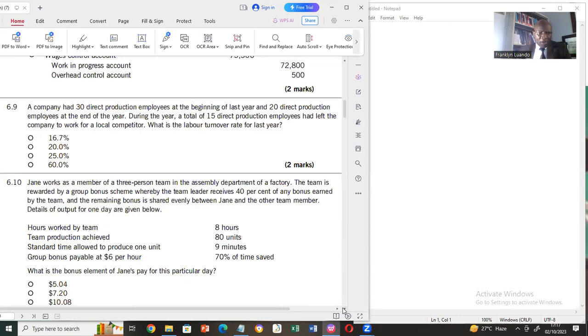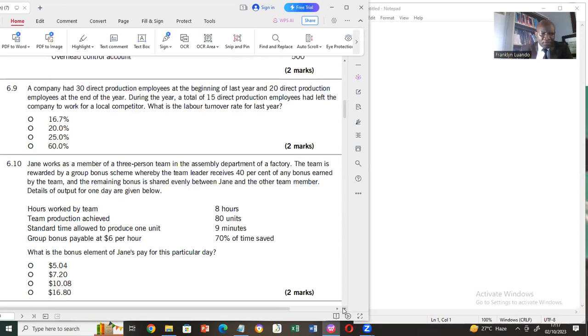So here we have a question, 6.10. Jen works as a member of a 3-person team in the assembly department of a factory. The team is rewarded by a group bonus scheme, whereby the team leader receives 40% of any bonus earned by the team, and the remaining bonus is shared evenly between Jen and the other team member.